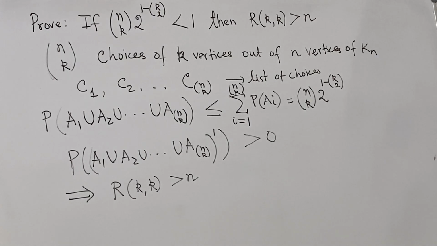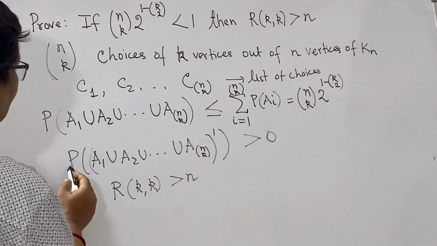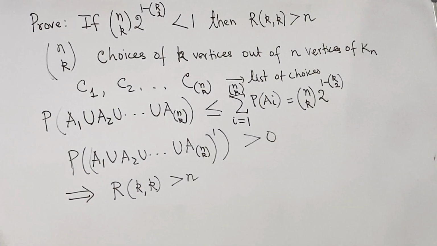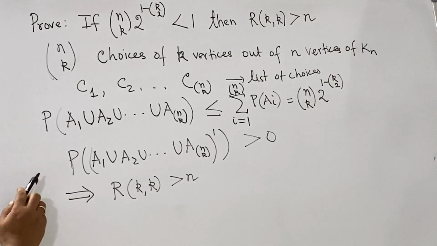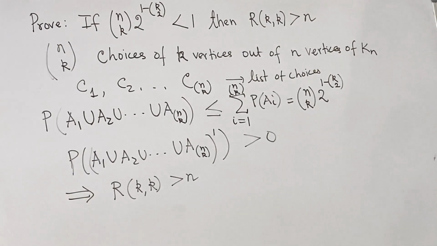If R(k,k) were n, we would be certain that the complete graph with n vertices would have a monochromatic subgraph with k vertices. That would have meant the probability of this quantity would have been 0. But that is not the case. The probability is turning out to be greater than 0. So therefore, we can conclude that the Ramsey number R(k,k) is actually greater than n.